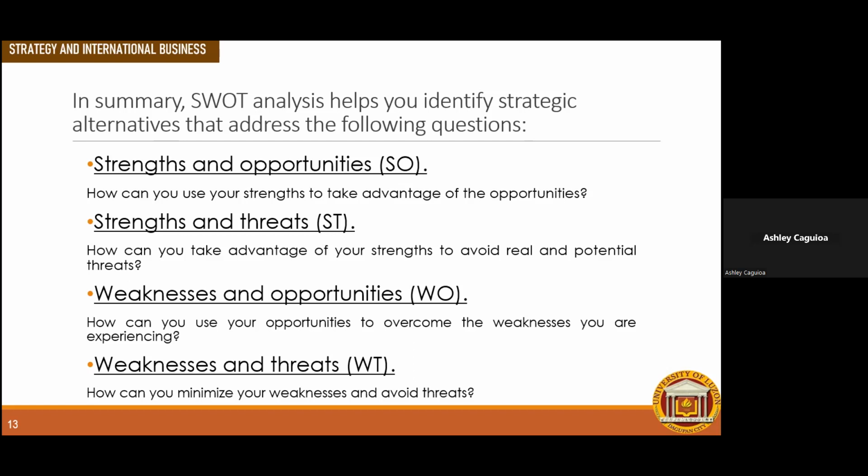And next we have WO, or weaknesses and opportunities. How can you use your opportunities to overcome the weaknesses you are experiencing? And number 4, we have WT, or weaknesses and threats. How can you minimize your weaknesses and avoid threats?